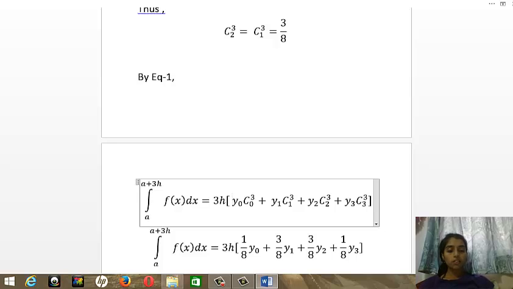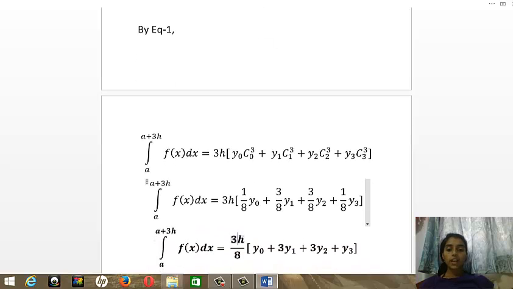Putting the values, we get 3h within bracket 1 by 8 of y0 plus 3 by 8 of y1 plus 3 by 8 of y2 plus 1 by 8 of y3.